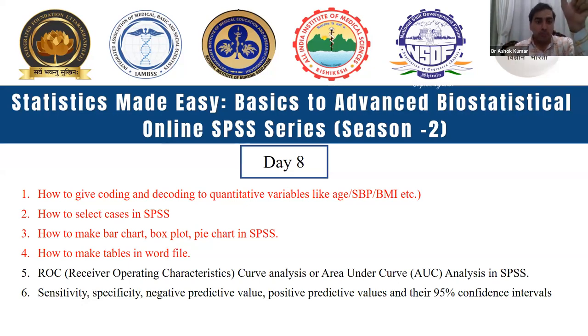For example, BP, so it means hypertension yes or hypertension no. If there is blood sugar, diabetes yes and diabetes no. So one quantitative variable and one categorical binary, dichotomous variable. Then we get the cutoff for this quantitative variable, and we calculate sensitivity, specificity, negative predictive value, positive predictive value, and their 95% confidence interval.